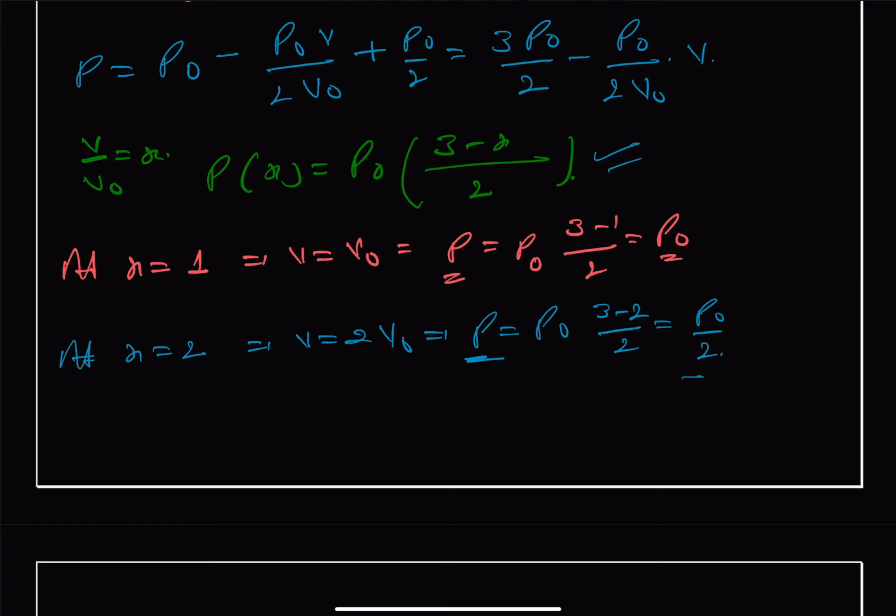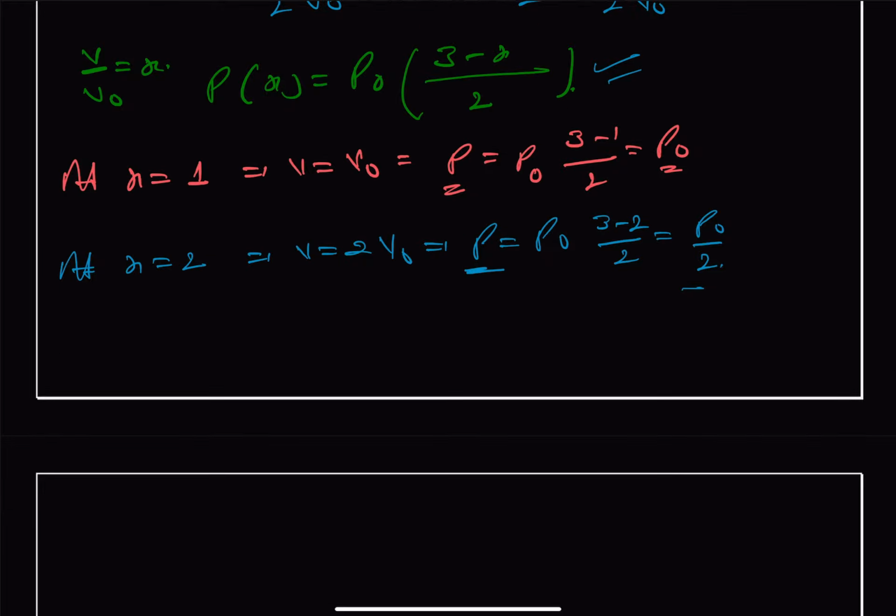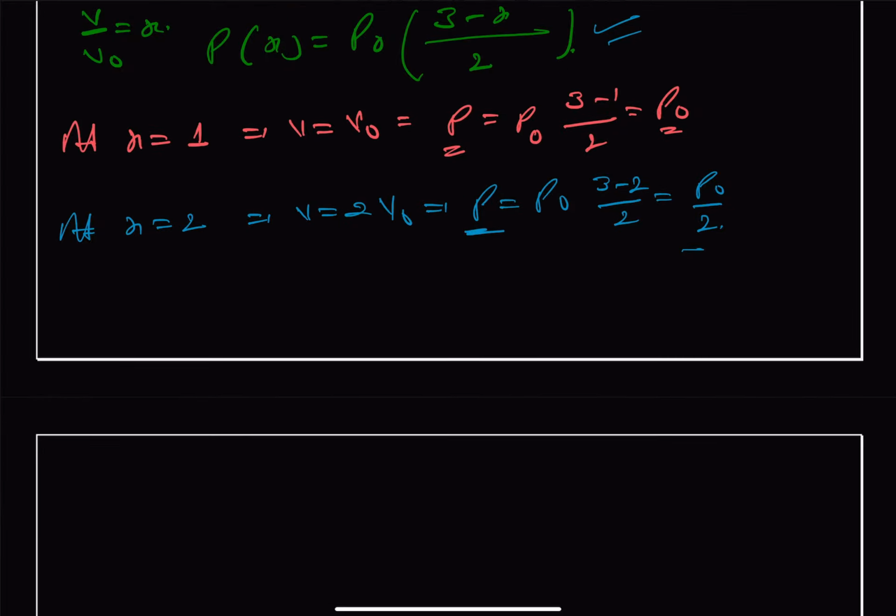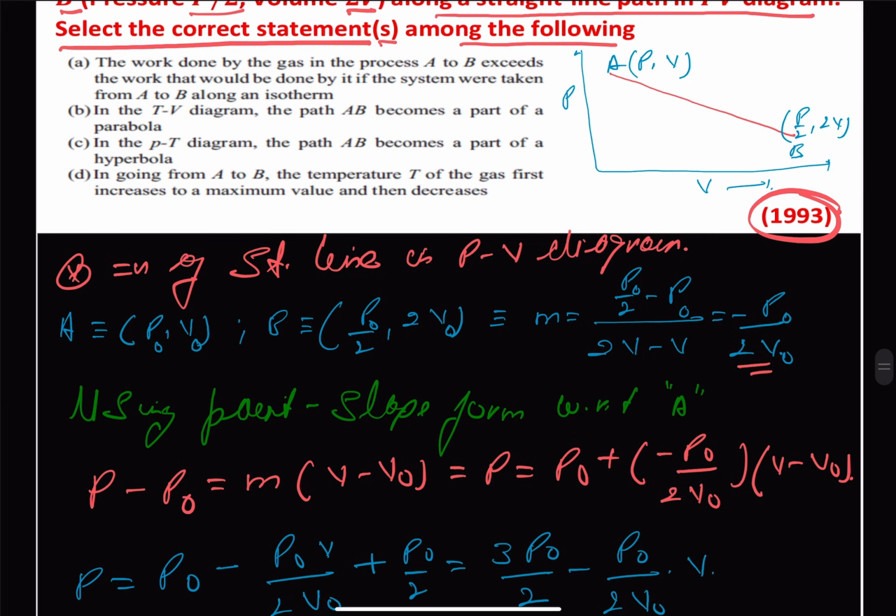Let us discuss all the options one by one. So we go with option A. Option A states that the work done by the gas in the process A to B exceeds the work done if the system were taken from A to B along the isothermal.